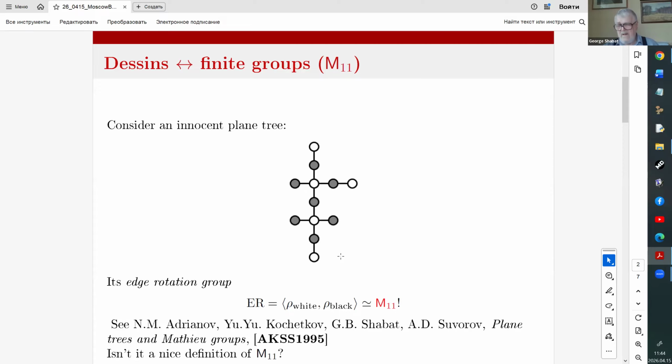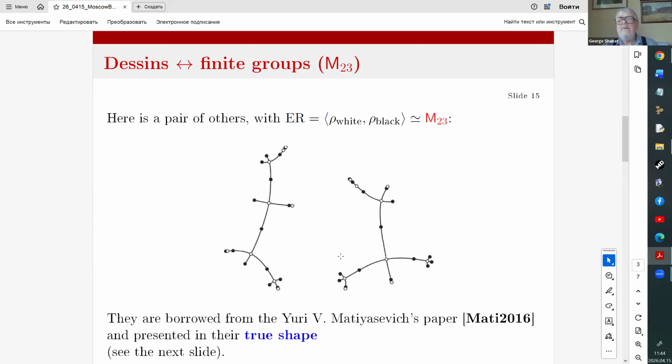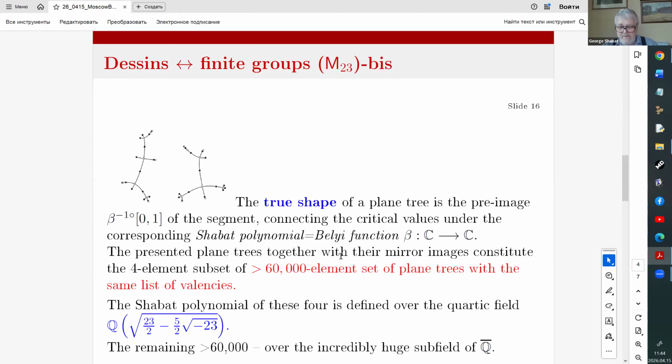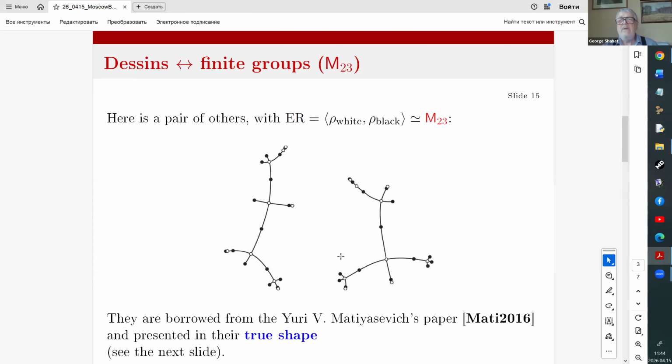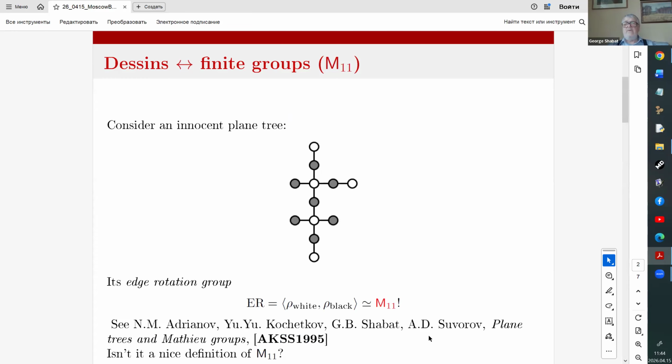And well, I'm afraid that I'm saying nothing about the calculation of it, but let me say it orally. It is not at all easy to calculate what is called the Shabat polynomial, the Belyi function corresponding to this tree.